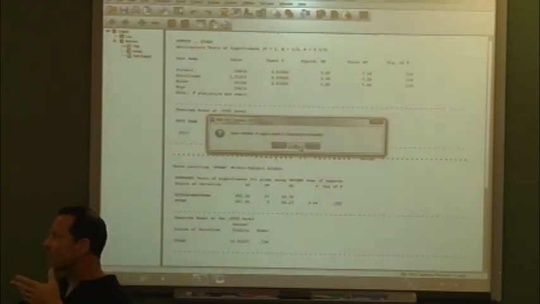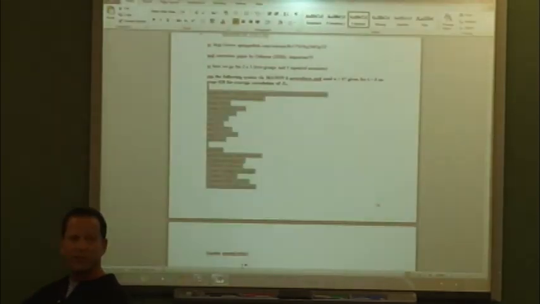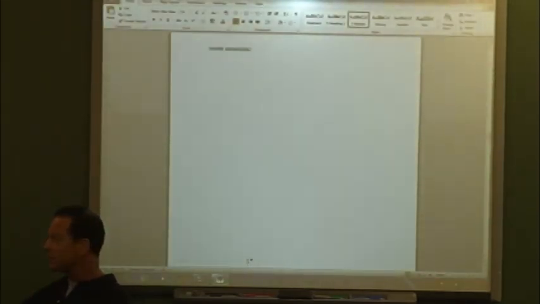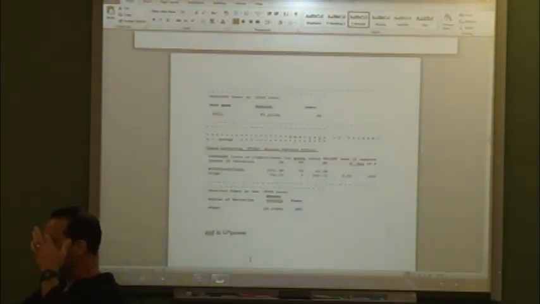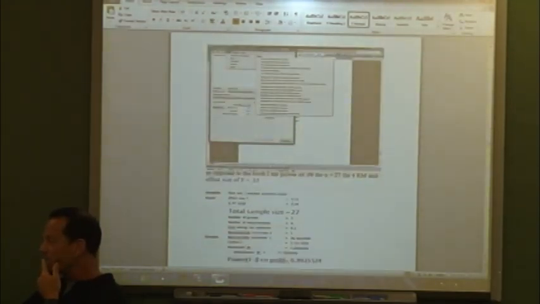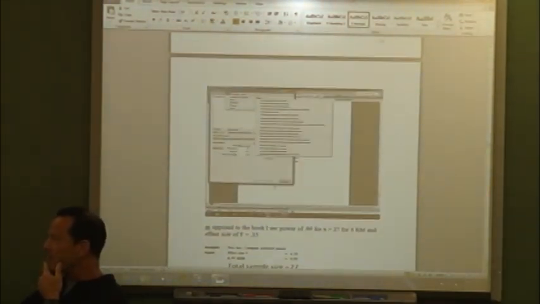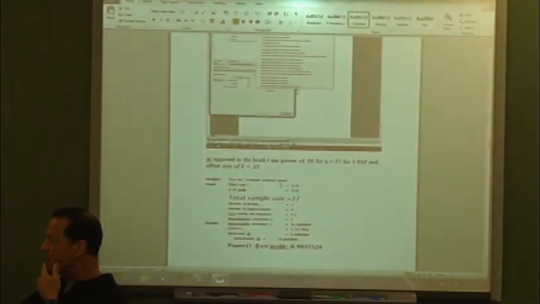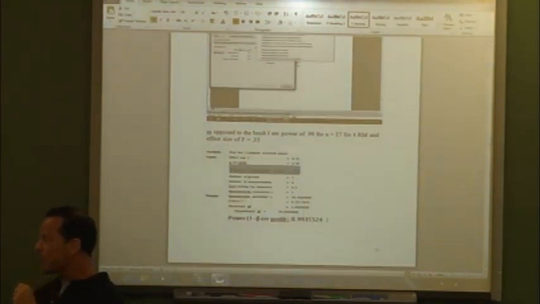So this is a great way that you can start doing power analysis, everybody, for your dissertations. And you can also do this in G-Power, which is free. I just went ahead and ran this in G-Power. I put in an effect size of 0.35 per the book, a sample size of 27 per the book, and I got more than enough power, 0.99.